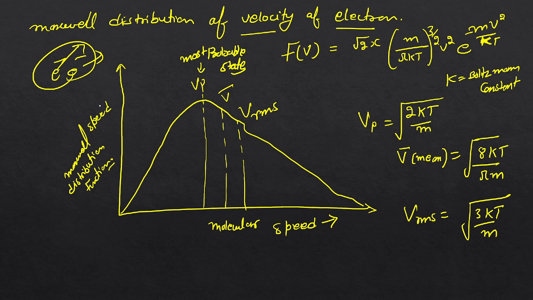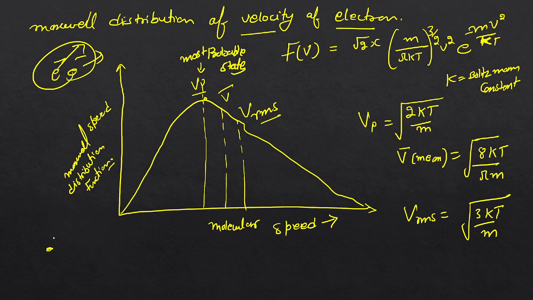So we get Vp, the most probable velocity, meaning most of the electrons have this velocity, and we can calculate it through this formula, under root 2kT over m. RMS is the root mean square velocity, that is under root 3kT over m.